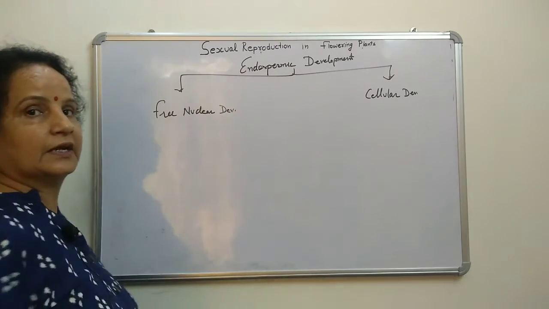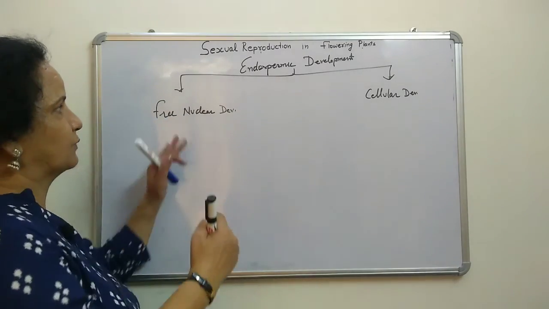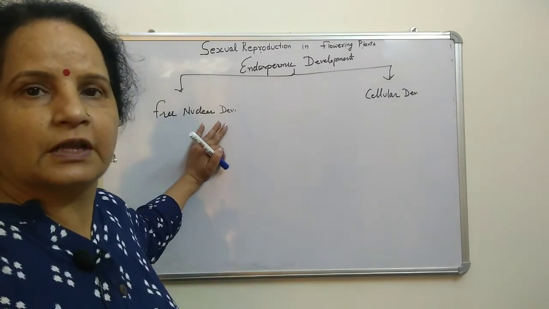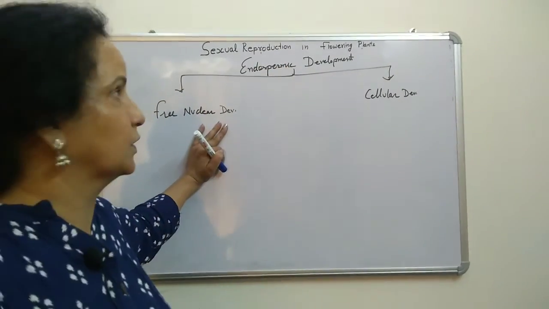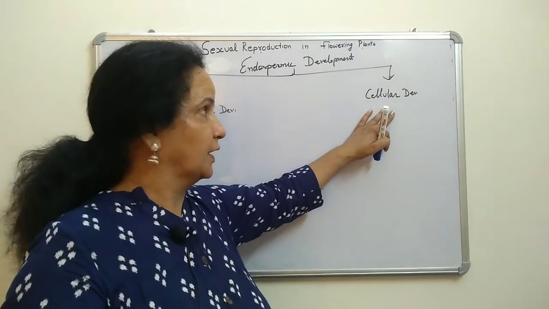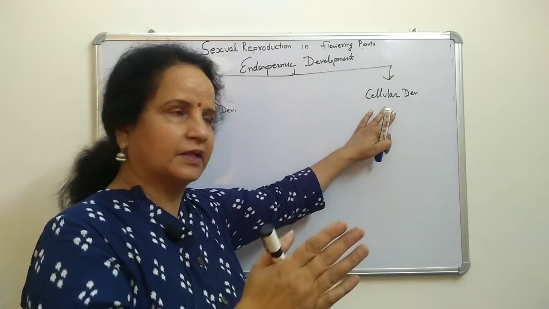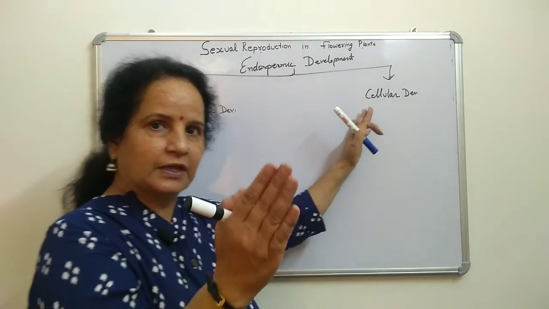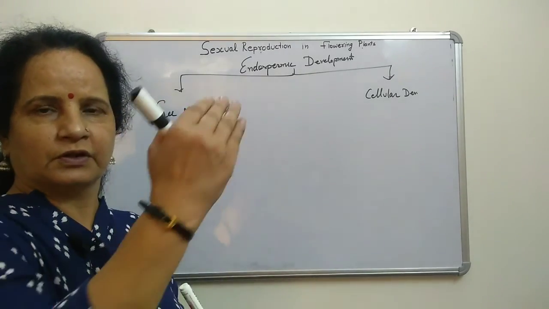That liquid stage is what we drink. Slowly cytokinesis takes place and cells form. It becomes a thick, solid portion, which is the cellular development. In the coconut, the cream you eat is that stage. After that cytokinesis takes place, and slowly it becomes solid.